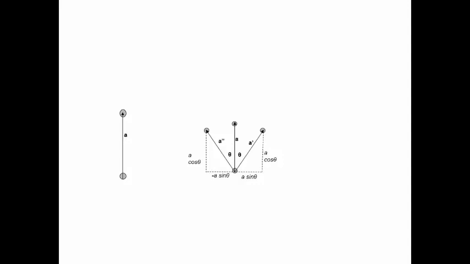We can go a rotation counterclockwise by theta, and we come up to A double prime, and if we break up A prime and A double prime, we see that they both have components along the vertical of A cosine theta. Notice here's theta, so this angle becomes theta, and this side here is A cosine theta.